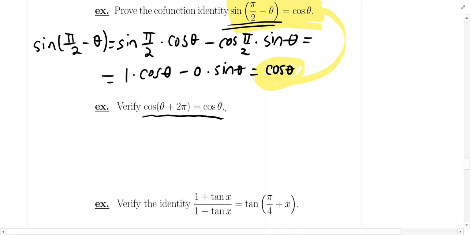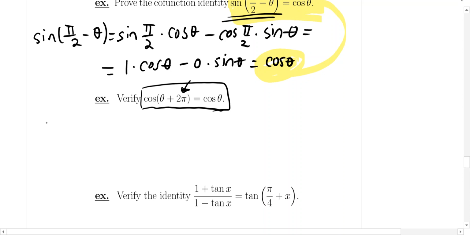Notice this one is not a cofunction identity, but you should know that this is true because of what? What is the period of cosine? 2 pi, right? So cosine of theta plus 2 pi should be equal to cosine of theta because the period of cosine is 2 pi, so the values start repeating. So how do we prove this?